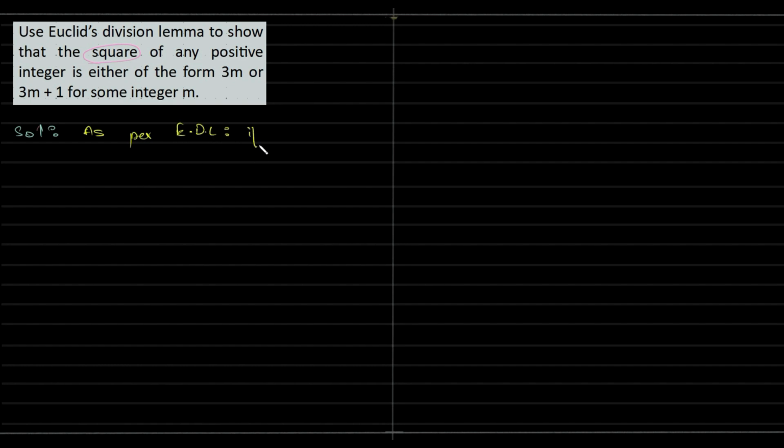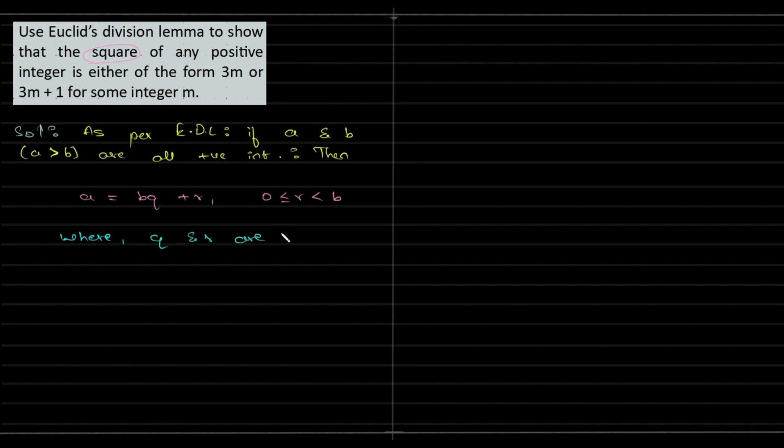If a and b, where a is greater than b, are positive integers, then we have a equals bq plus r, where r is greater than or equal to 0 but less than b, and where q and r are unique positive integers.